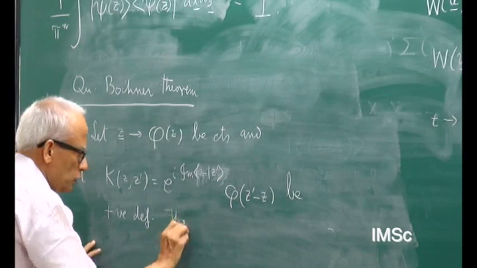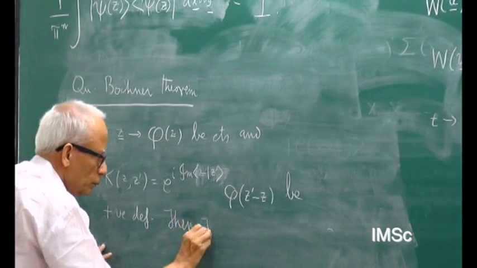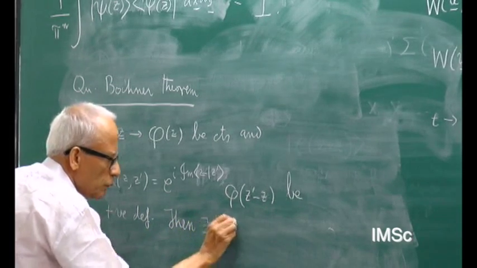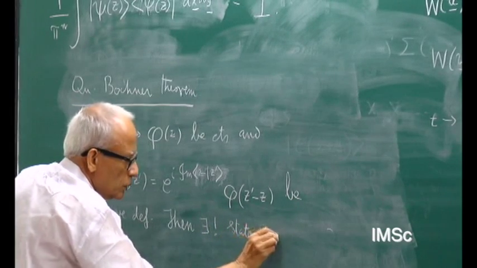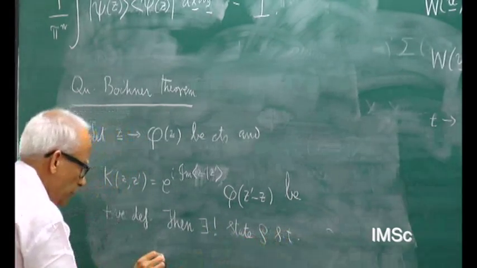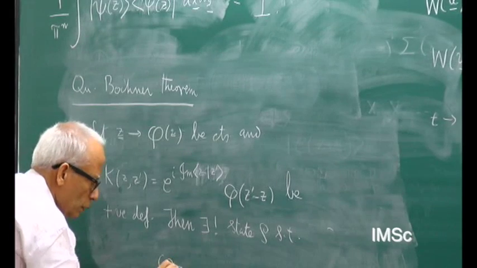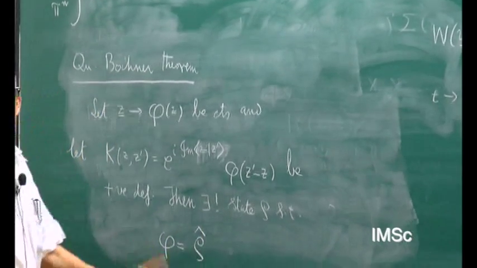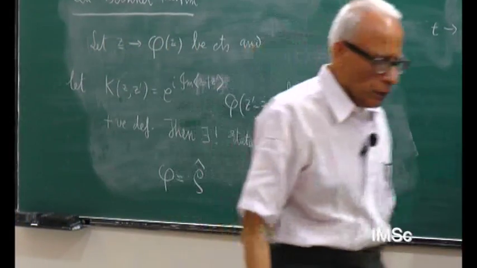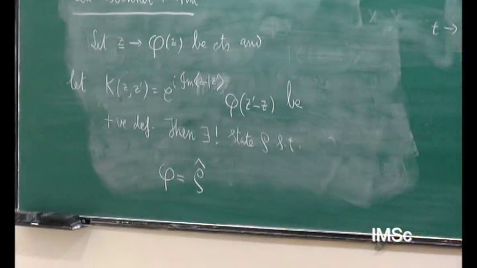Then there exists a unique state rho such that phi is equal to rho hat. That is the quantum Bochner theorem.